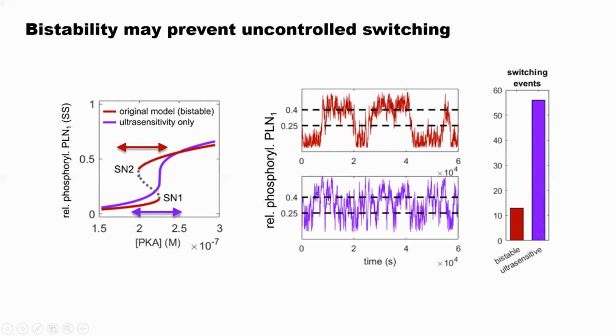Whereas when you don't have bistability, you really can constantly fluctuate between a low and a high phosphorylation state. If you quantify the switching events, the switching happens about 5 times more frequently. So this also confirms that bistability could be a way to filter out fluctuations or noise in this signaling network.